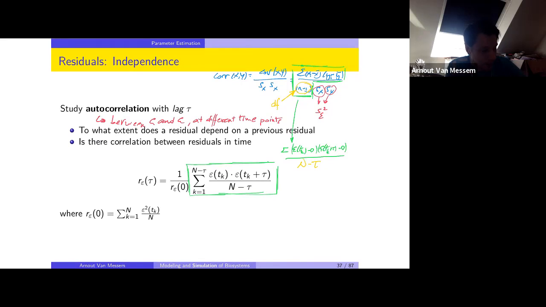So the reasoning behind it is a bit different. The autocorrelation is similar to the correlation, but there are some differences because we are looking at a time series, so at one variable at different time moments instead of 2 different variables. So we see now that the covariance corresponds to this green, and this green is called the autocovariance.